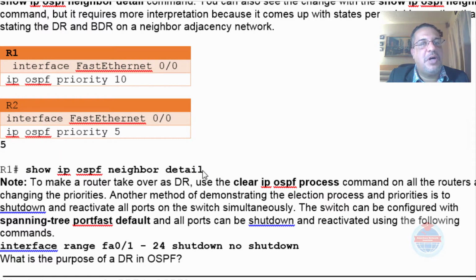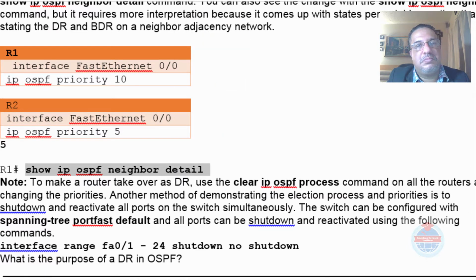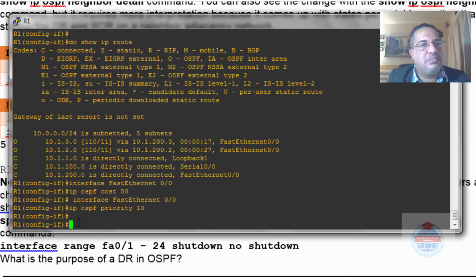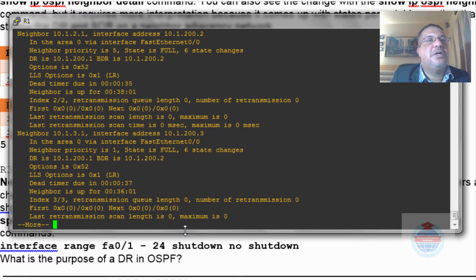Now on R1, we're going to do what we mentioned that we were going to do previously. If I do that, I need to put do first, so it's one layer down.